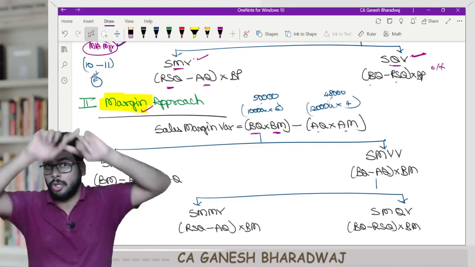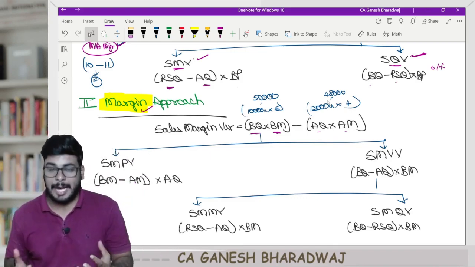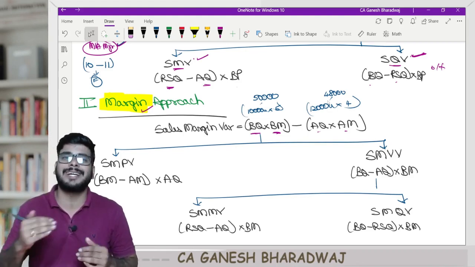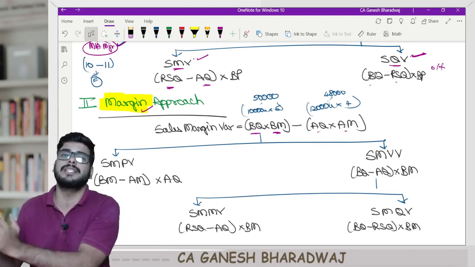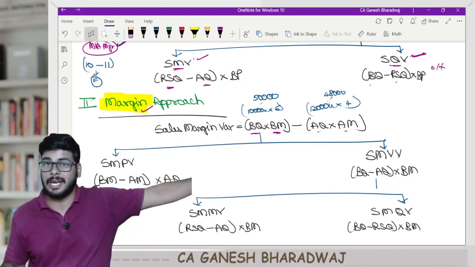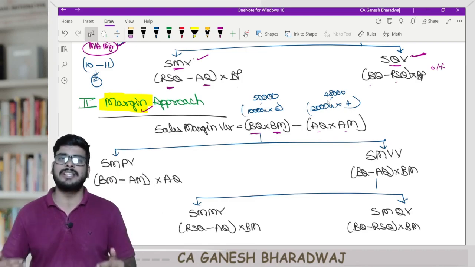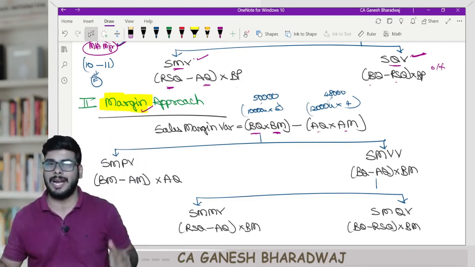This is not the overall profit variance. We are capturing the difference in profit arising purely on account of the sales side. Here, the cost side variances are not even considered. That is what has been done here. So sales variances alone can be done under total and margin approach.